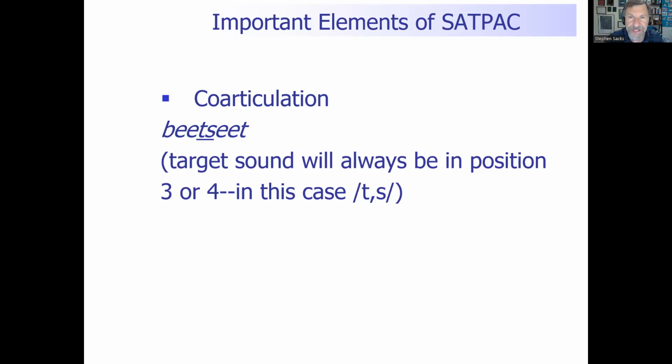So my thinking is that when we're practicing, we should always be co-articulating. In SATPAC, the target sound will always be co-articulated, either post-vocalic, like the T is here, or pre-vocalic, like the S is here.